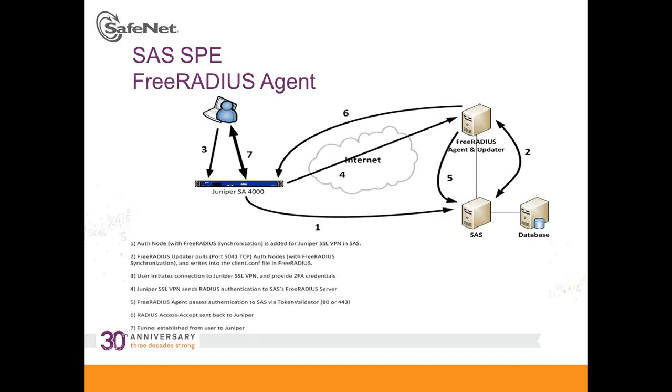In step five, the FreeRADIUS agent passes the authentication to SAS via the token validator on port 80 or 443. Step six, the Radius sends an access accept, or perhaps an access reject if the credentials are incorrect, back to the Juniper. And in step seven, a tunnel is established from the user to the Juniper. It's very basic.